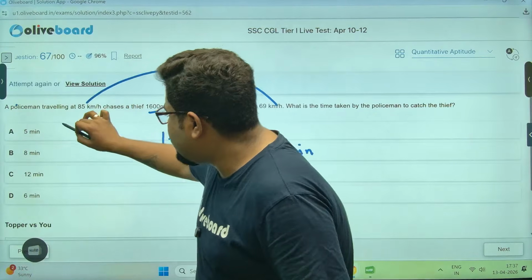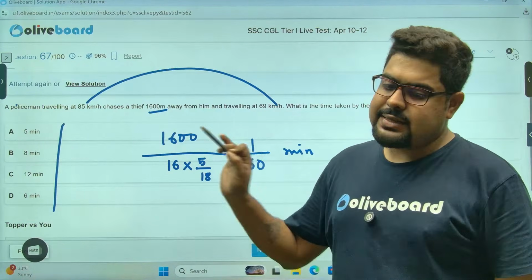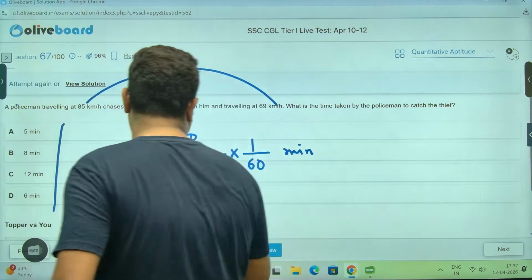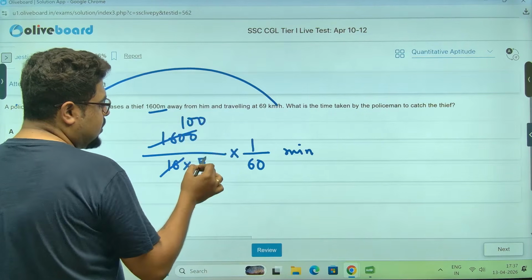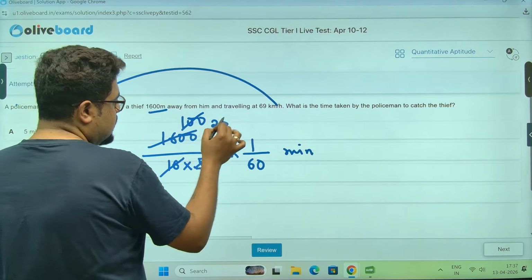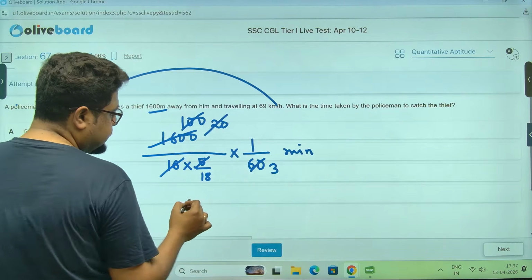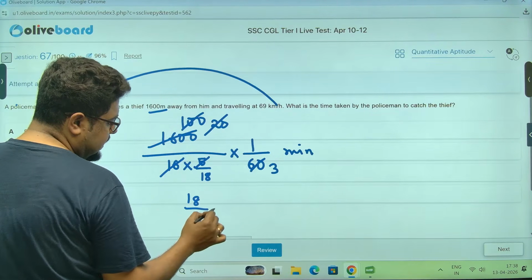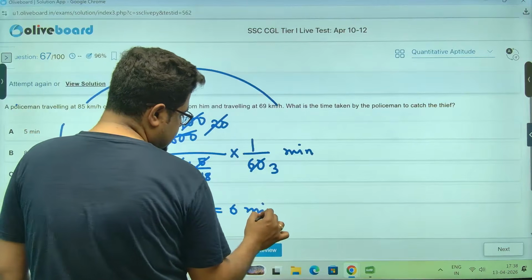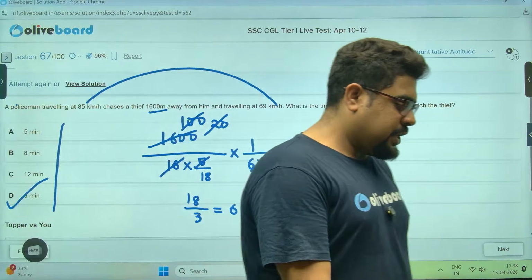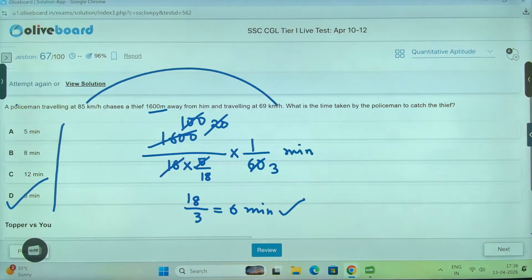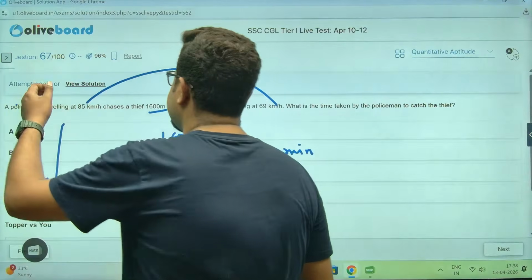Because all four options are in minutes. Calculate: 1600, 18 will go up, this is 3, so 18 by 3 means 6 minutes. That's your answer, option D. It should not take you more than 20-30 seconds.